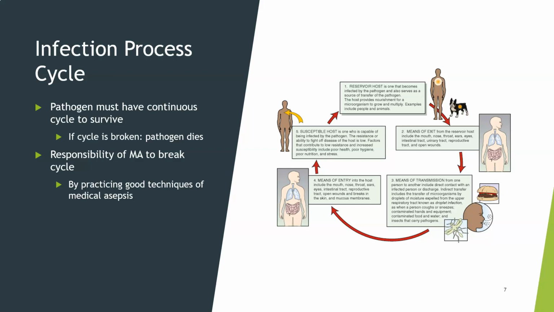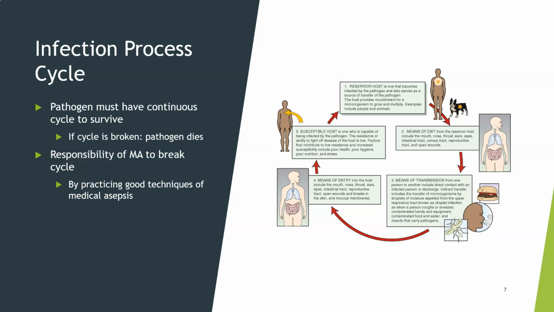So things like mouth, nose, ears, eyes, intestinal tract, reproductive tract, open wounds, breaks in the skin, mucous membranes. These are all different areas where your body can get pathogens inside, and so it can start to affect the individual.